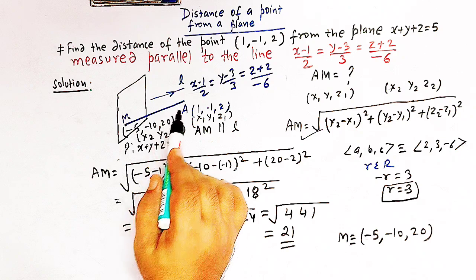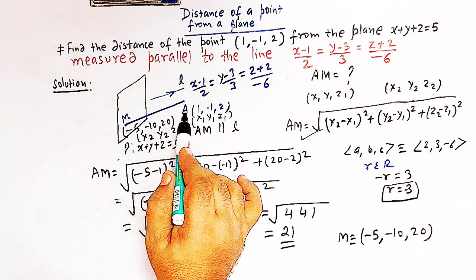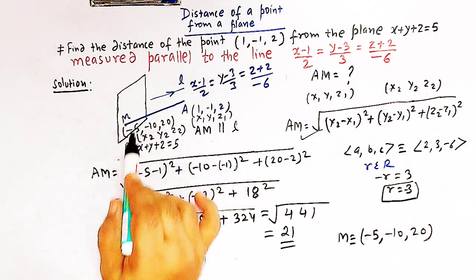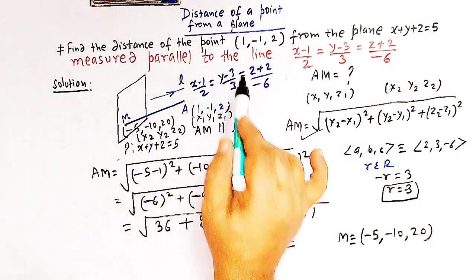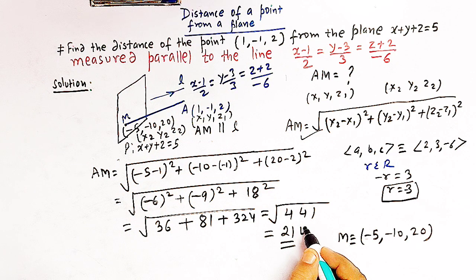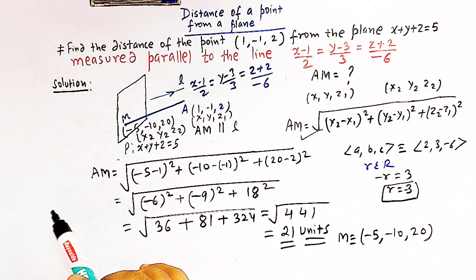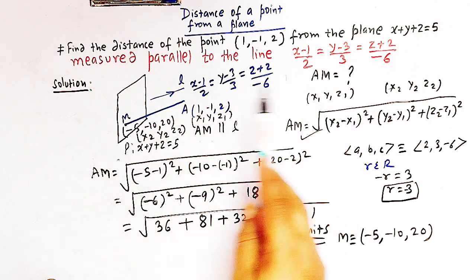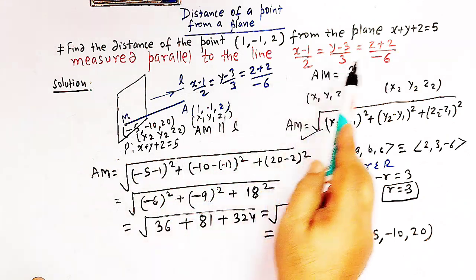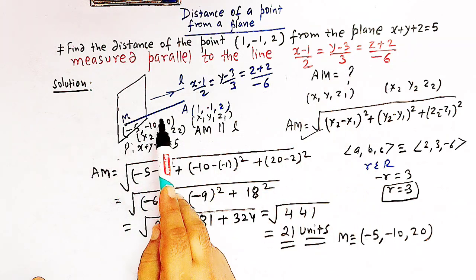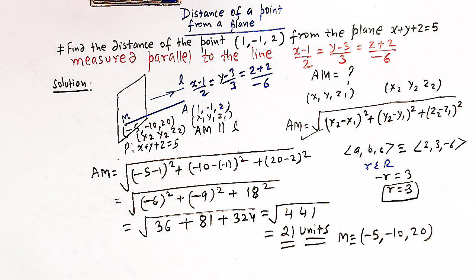So the distance of this point A from this plane P, which is measured parallel to this line, is given by 21 units. This is how, with the help of these concepts, we can find out the distance of a point from a given plane measured parallel to some given line.